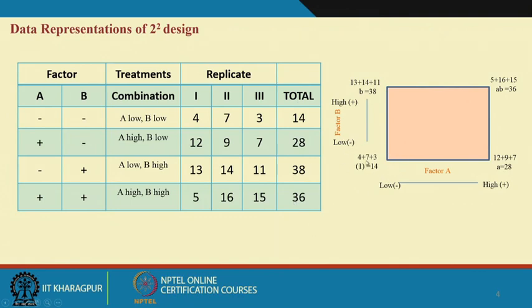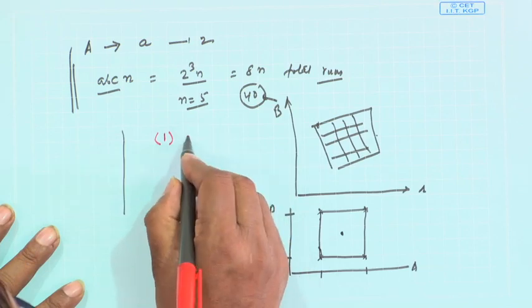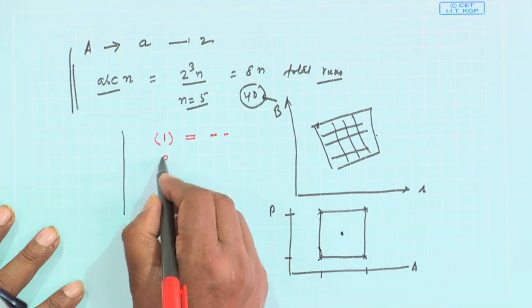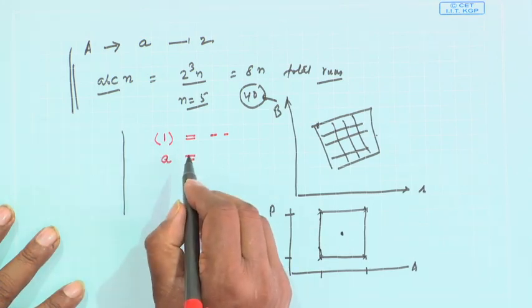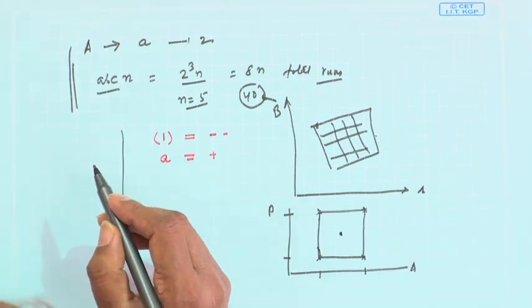These totals are given a special notation in 2 to the power k factorial design. The reason is it helps us in defining many things, also in computing the effects as well as the sum of squares. What is the notation? The notation will be 1 when both are at low level, that is minus minus. Then we say A, when factor A goes to high.